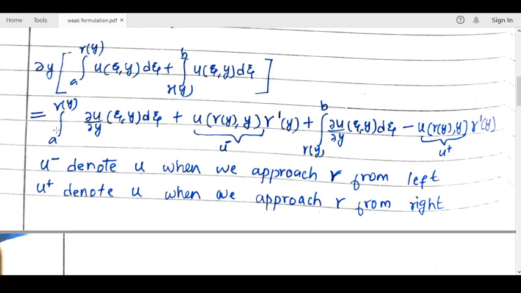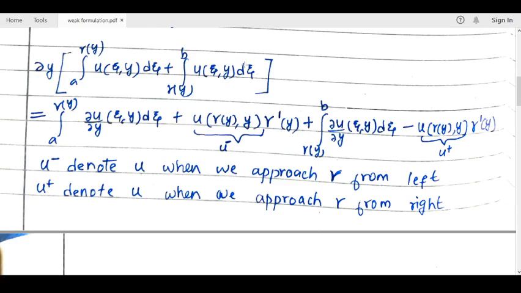So integral a to gamma of y of ∂u/∂y of theta, y, d theta, plus you substitute the upper limit: u of gamma of y comma y into the derivative of gamma of y, which is gamma dash of y. Gamma is a function of y alone, so I have written gamma dash of y. Now minus the lower limit: u of a comma y into the derivative of a. Since a is a constant, its derivative is 0, so the third term vanishes.